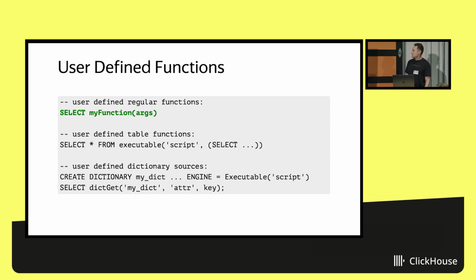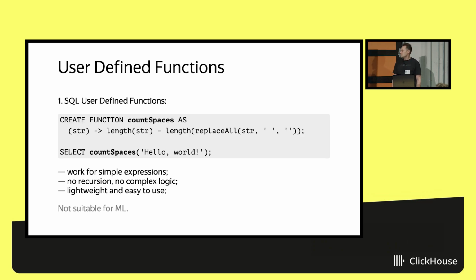There are user-defined dictionary sources. You can create a dictionary with the executable engine and also specify a script. And this script will take some keys and return some values, and you can use it as a dictionary.